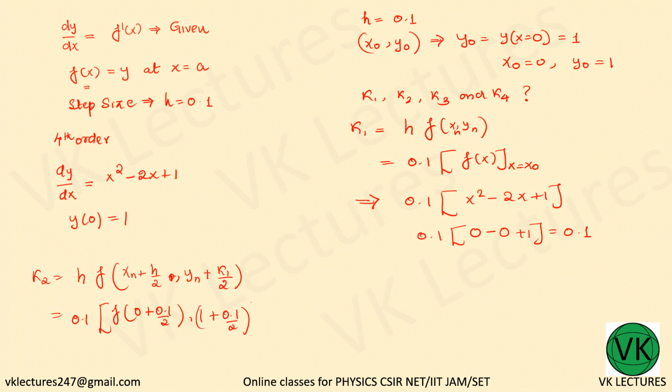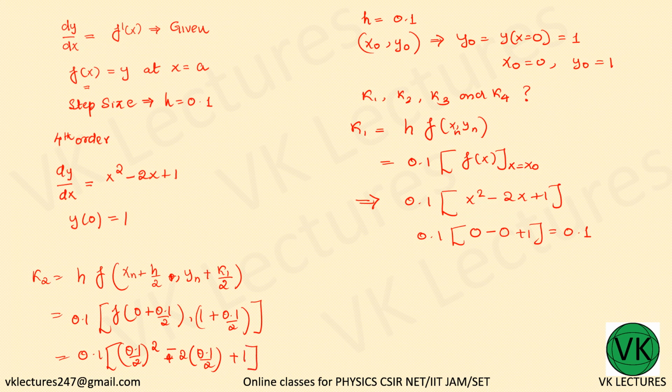So that's equal to 0.1 into [(0.1 by 2) whole squared minus 2 into (0.1 by 2) plus 1].